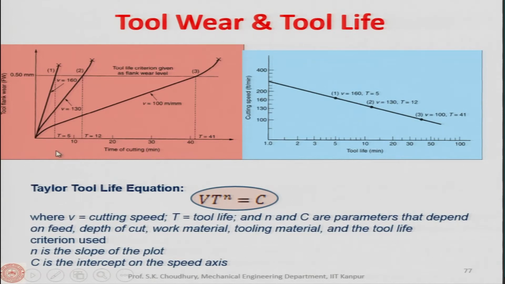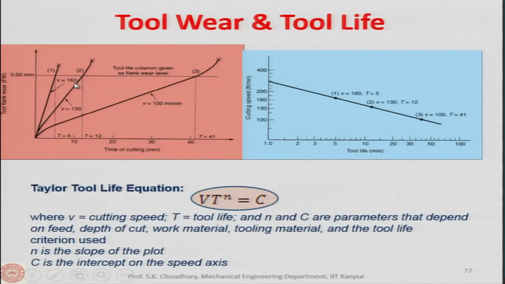You understand that when a process is going on, you cannot increase or decrease the speed. It is difficult. So, you cut the material for some time, then you change the speed and cut the material again with the increased speed. That is what has been done here for different speeds 100, 130 and 160.